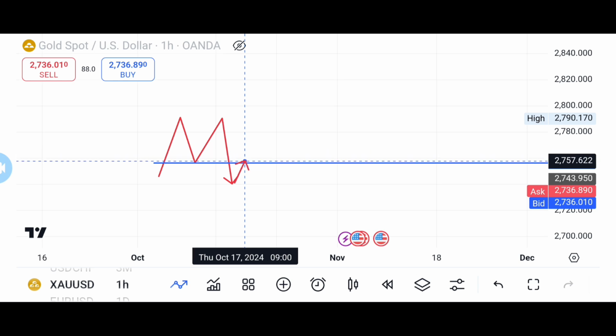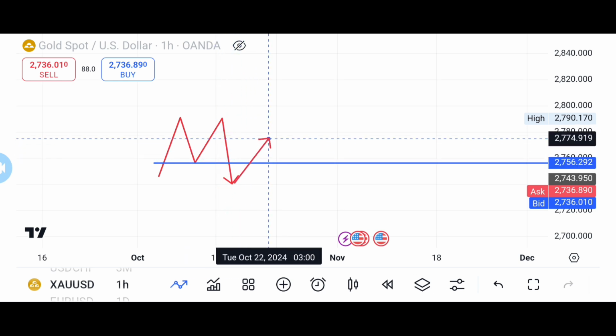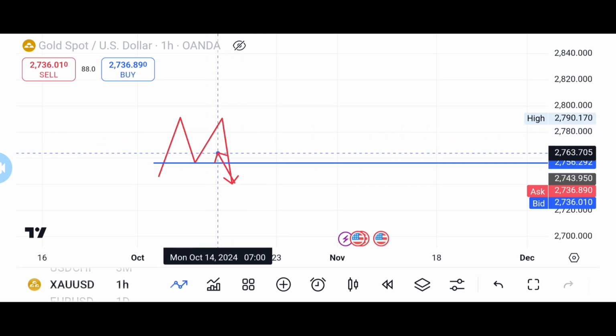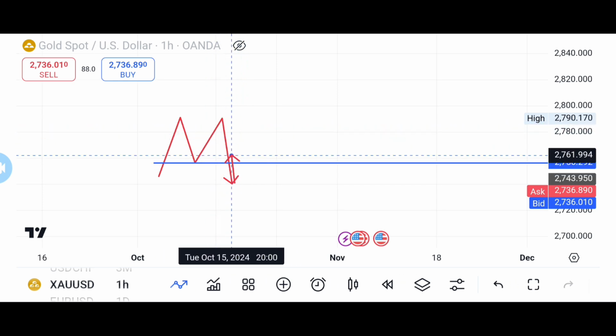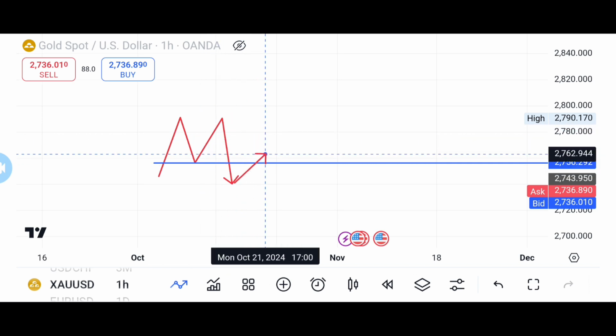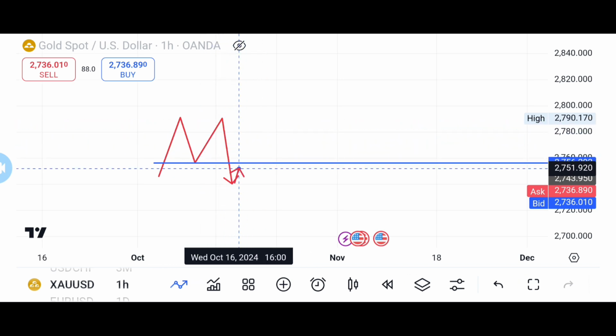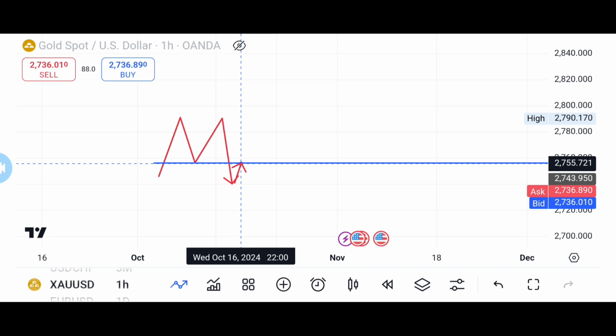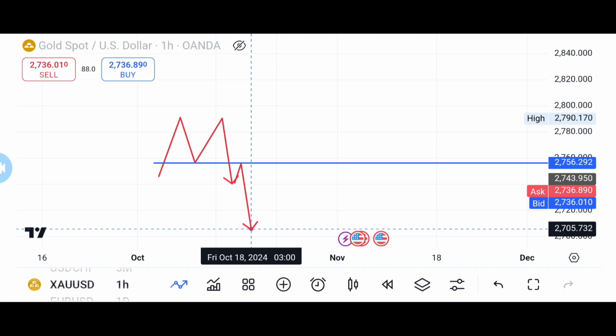If they break the neckline with a body, now this setup is a fake one. We shall be forgetting this setup. Are we together? It has violated our rule. So let's say that the buyers have not broken this neckline with the body. So we are going downside like that.